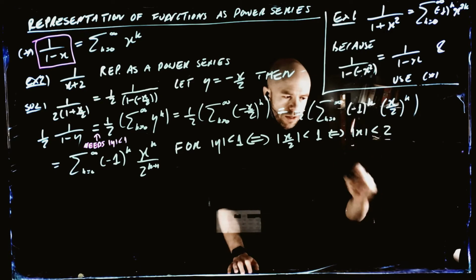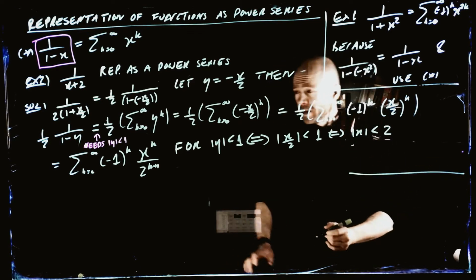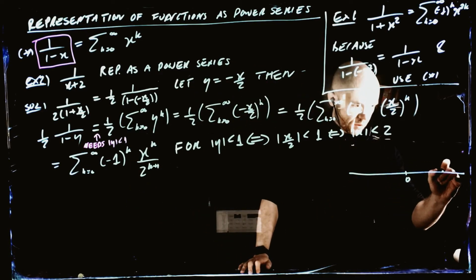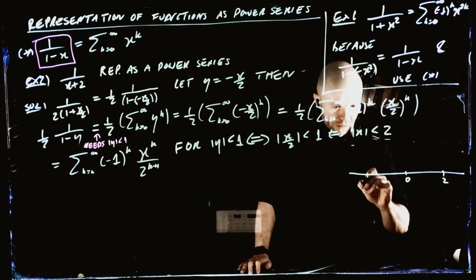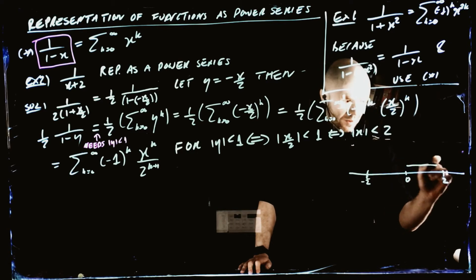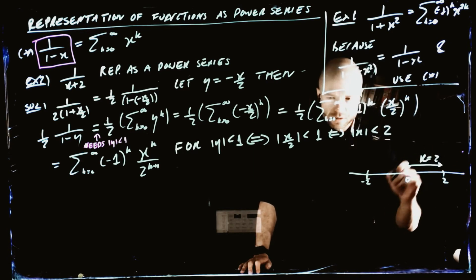So let's draw a picture. The series is centered around 0, right? So we are here, and this is what we have, right? The series converges for anything strictly between 2 and minus 2, so the radius of convergence is 2.